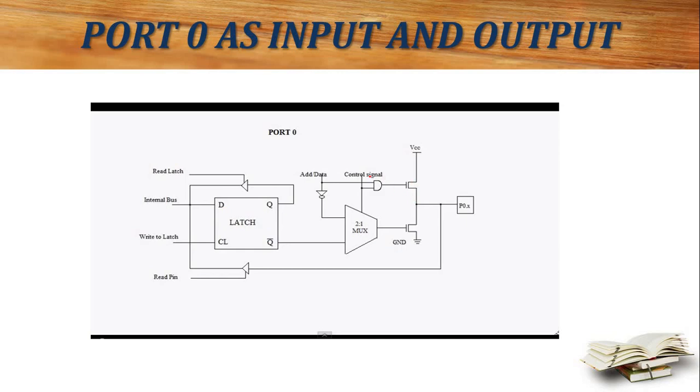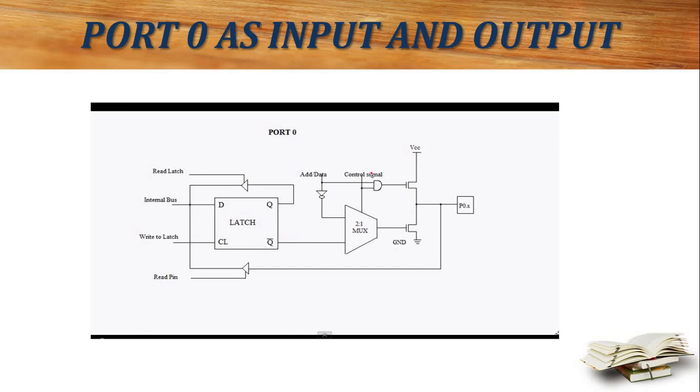And we have one control signal, address or data. This is an AND gate, and this is a NOT gate. This is a read buffer: buffer 1 and buffer 2. Any port 0 pin is read through this read buffer and gives an input to the internal bus. These are the basic things.